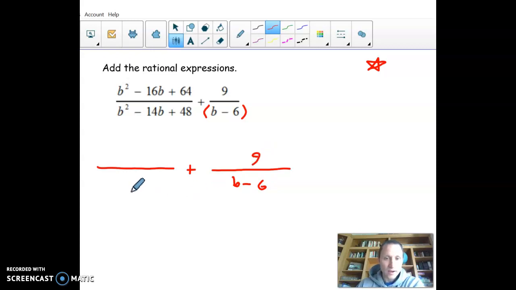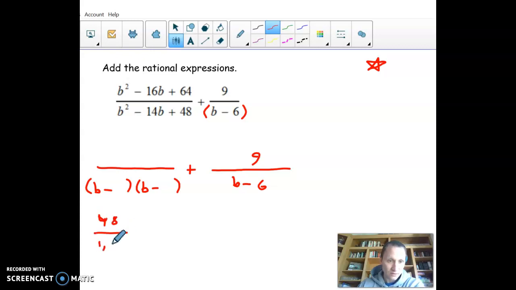All right, and then the other one does factor. So b and b to get to b squared, multiply to positive 48 and add to negative 14, so it's going to be two negatives. And if you get stuck, I always tell kids, list out what multiplies to 48.